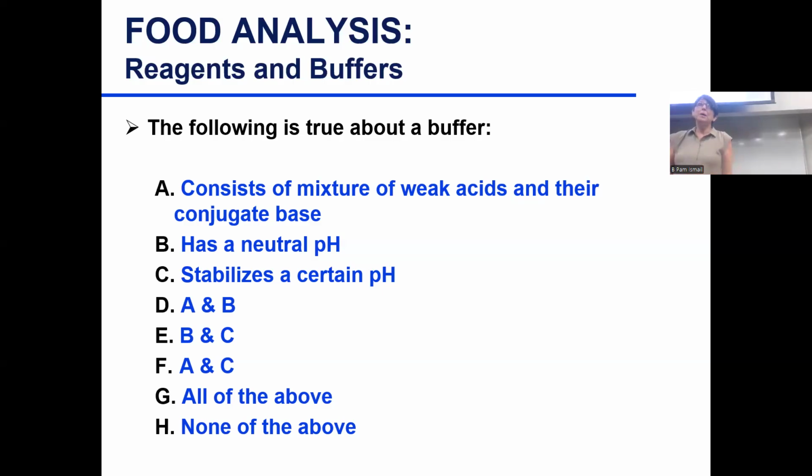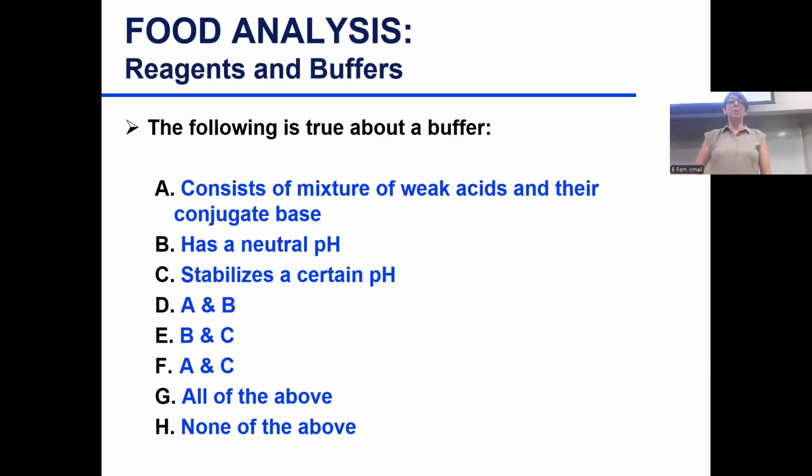But organic acids like ascorbic acid, lactic acid, citric acid, these are all organic acids and weak acids. They don't want to give you their H very readily. And their conjugate base is what you have when they give out the H. So there will be COO- carrying a negative charge when they give out the H.